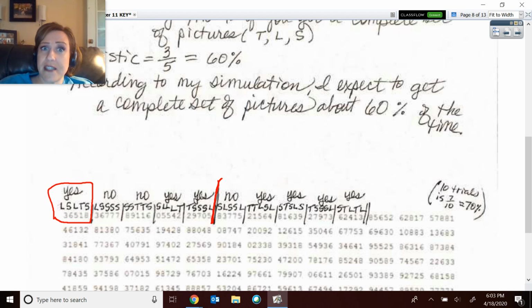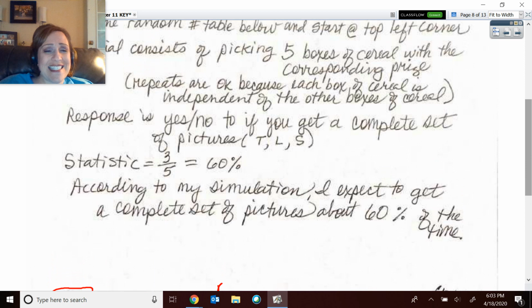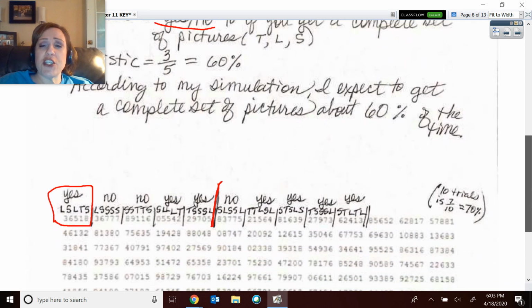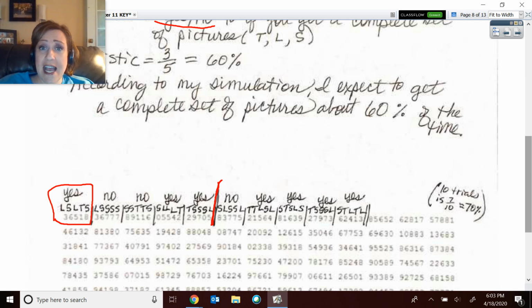So when I did 5 trials, 3 out of those 5, which was a 60% chance, gave me a complete set. So that response was yes or no to if I got that complete set of pictures. So according to my simulation, I expect to get a complete set of pictures about 60% of the time.